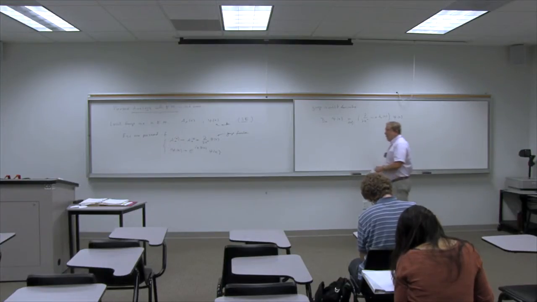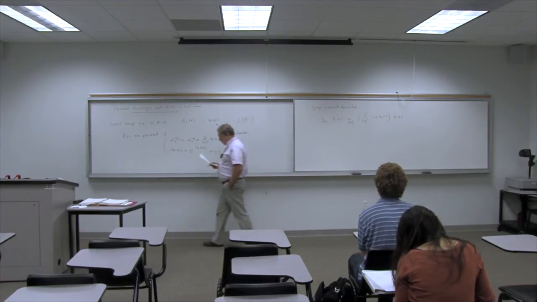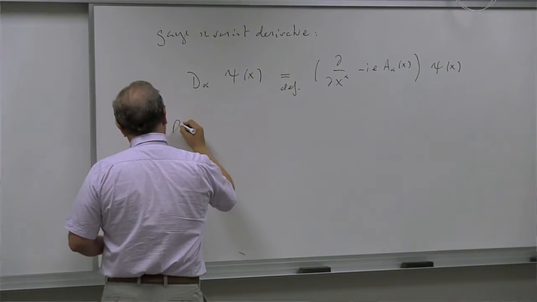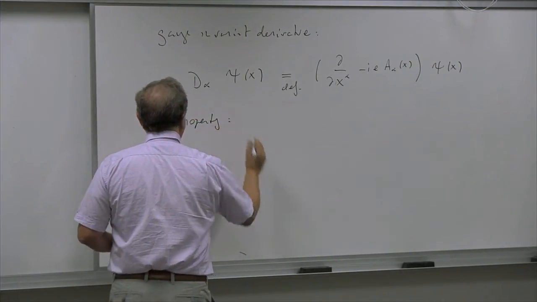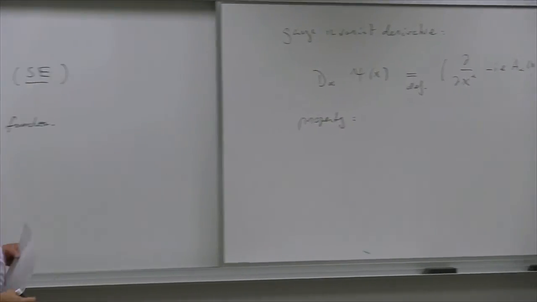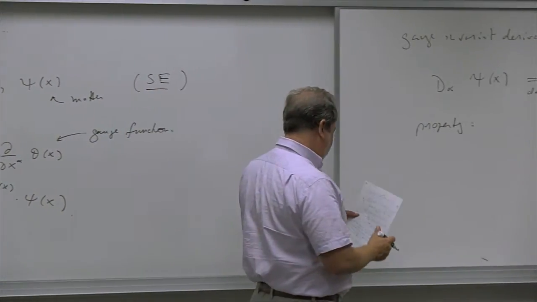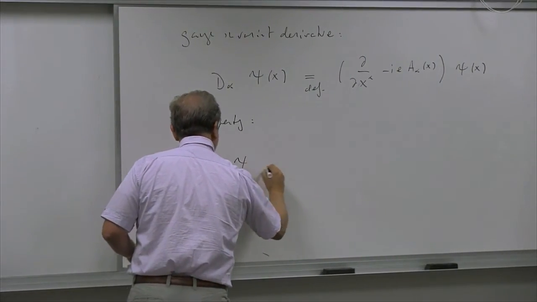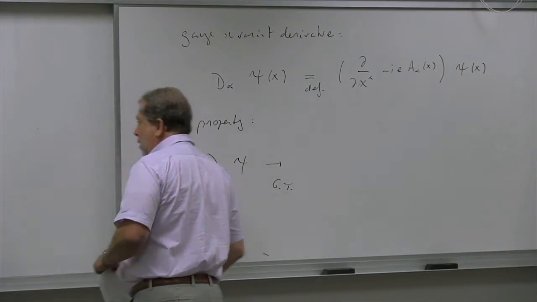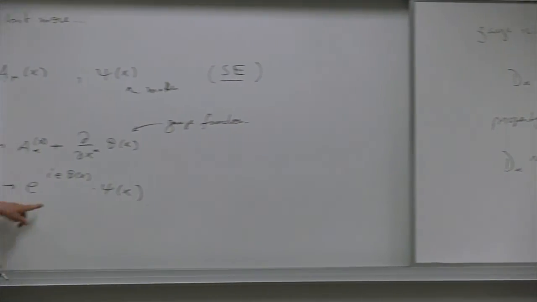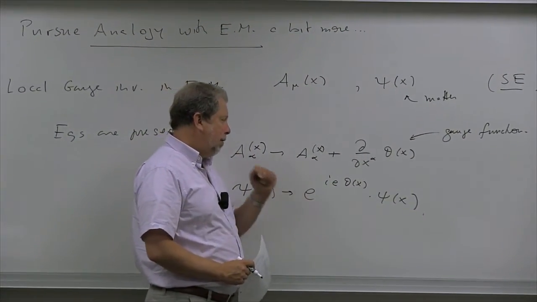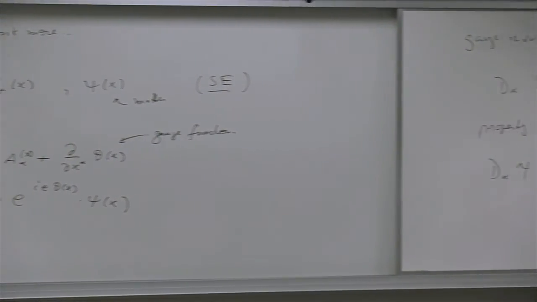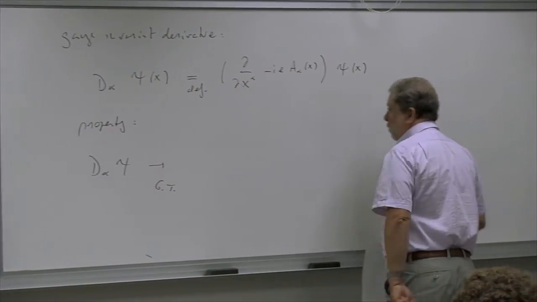This is the analog of the covariant derivative that we discussed for the gravitational field. And the important property that this derivative has is that it transforms like the field itself. Namely, D alpha of psi under a gauge transformation, where we do this combined transformation of the A field and the psi field: the A field gets shifted by a derivative of theta, because that's coming from this derivative term.